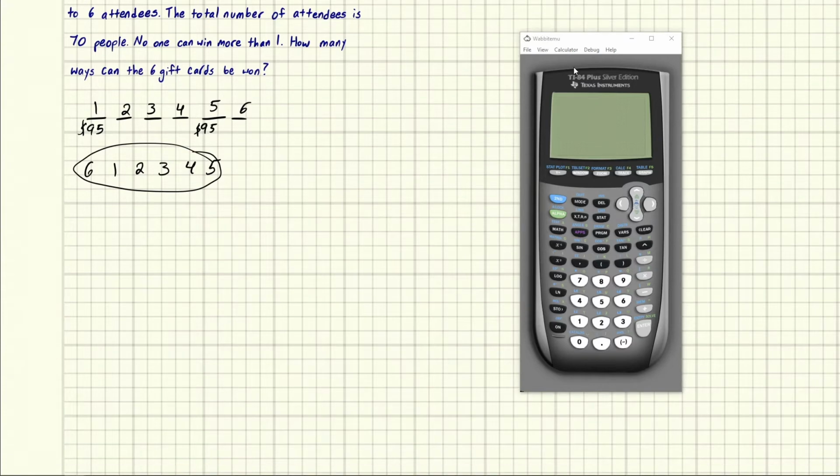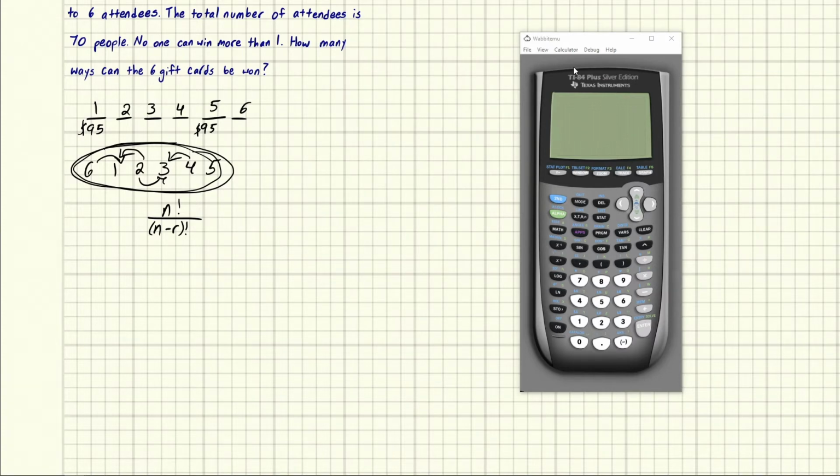So remember in permutation, we had n factorial over n minus r factorial, and we talked about in the last question why this formula works. At the end, we just tack on a way to remove this extra variation, because we can swap any of these people with any of the other people and it would make no difference to who won what. They'd all win the same stuff still.